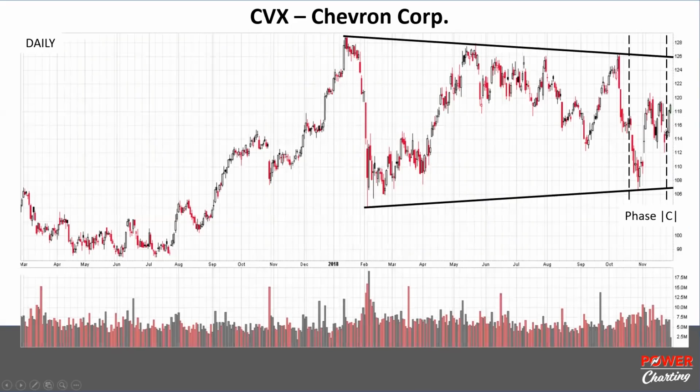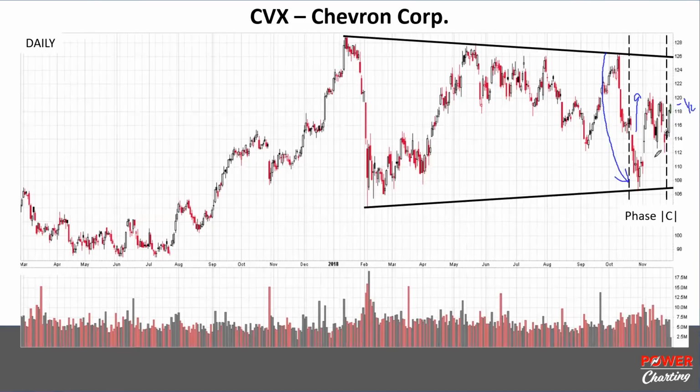Terrific. Let's do this. So here's Chevron, which is an important bellwether integrated oil stock. And here we can see that Chevron itself had an important decline into the late October low, and thereafter had an excellent rally that took it up into the mid-level of the trading range. And it's well off its lows now.